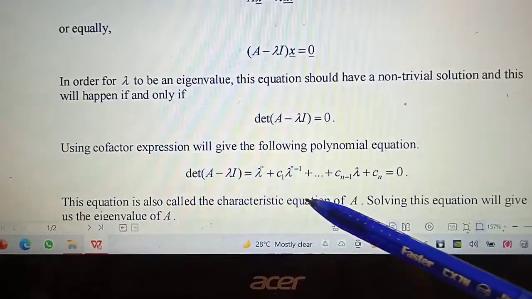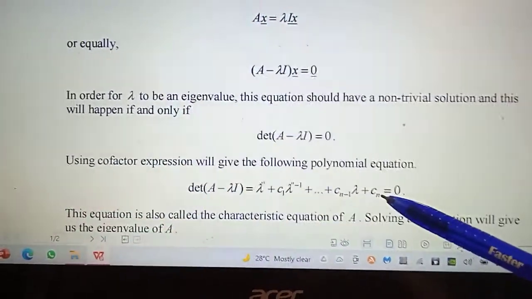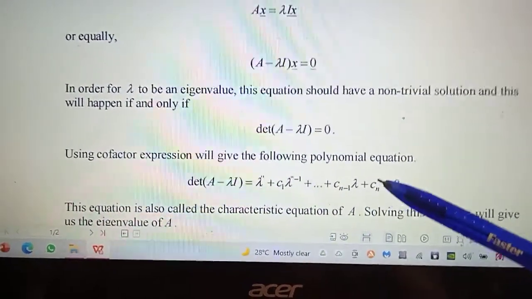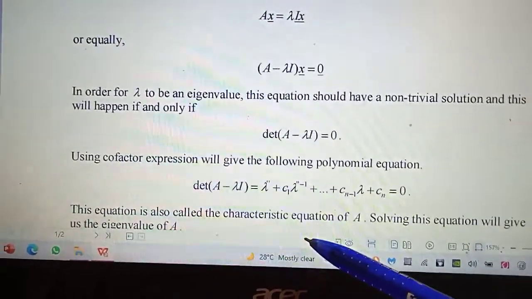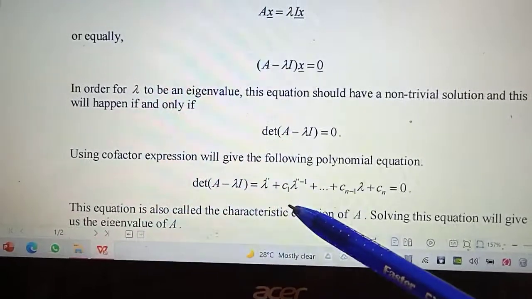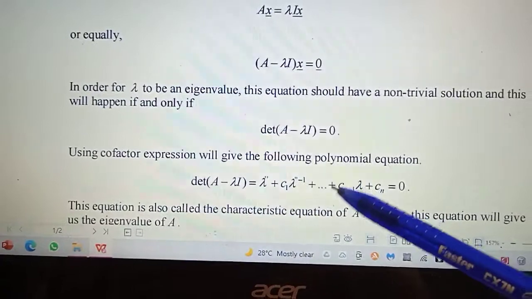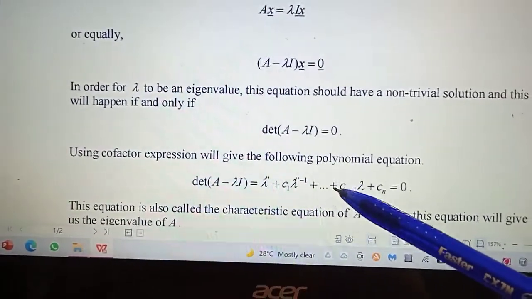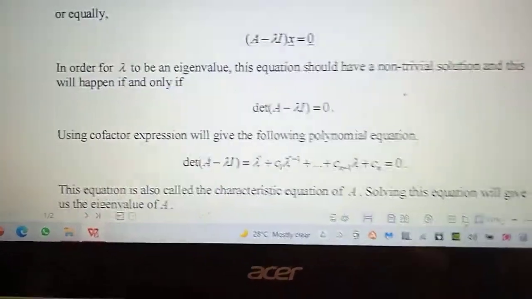This is the cofactor expression as we learned earlier in the determinant topic, but it is put in an equation, and this is called the characteristic equation of A. Solving this equation, we will get the eigenvalue of A. This is in notation form. Later we'll show an example using numbers, so you can clearly have an idea how to get this characteristic equation.